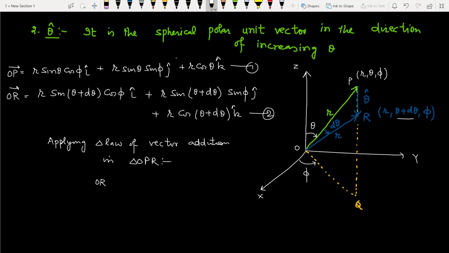So OR vector is a resultant of OP and PR. So PR vector can be found as OR vector minus OP vector.